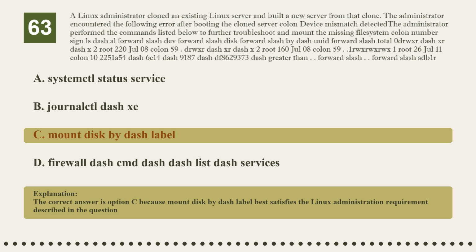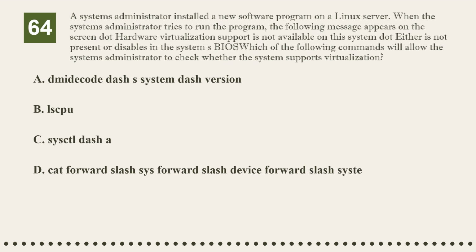Question 64. A systems administrator installed a new software program on a Linux server. When the systems administrator tries to run the program, the following message appears on the screen: hardware virtualization support is not available on this system. Either it is not present or disabled in the system's BIOS. Which of the following commands will allow the systems administrator to check whether the system supports virtualization?